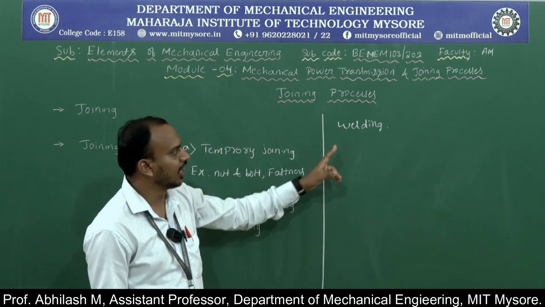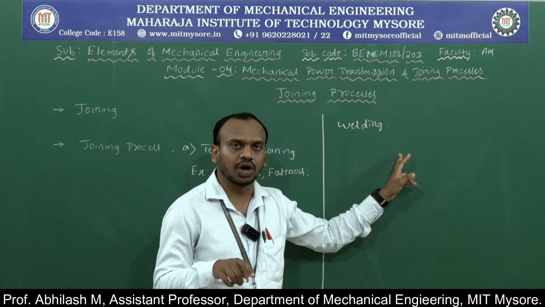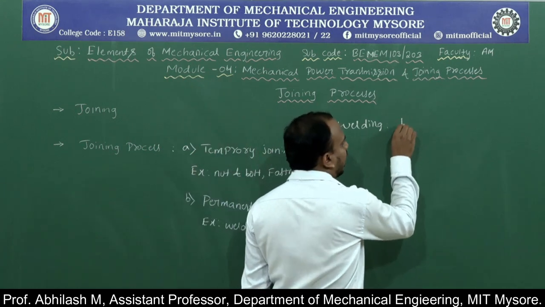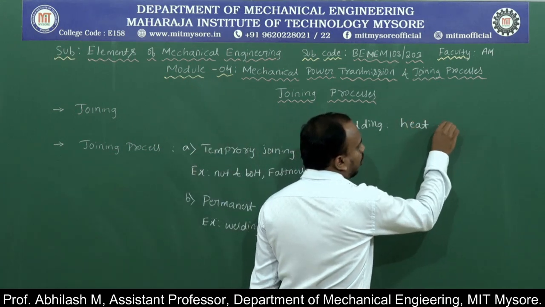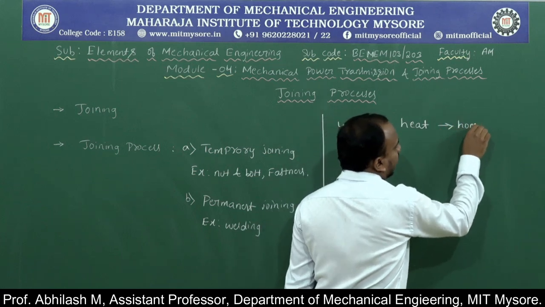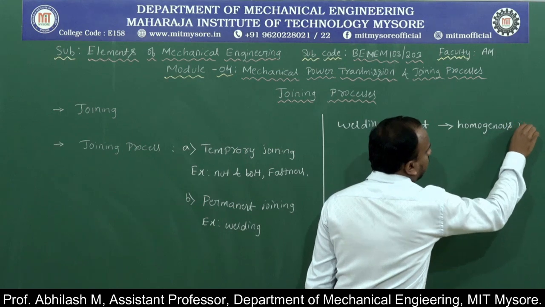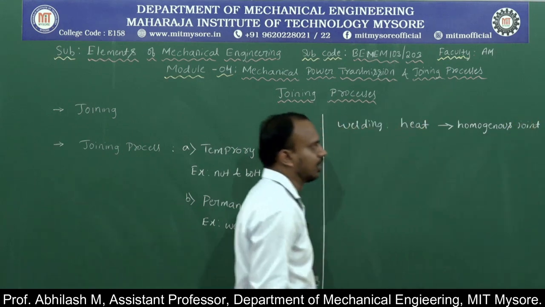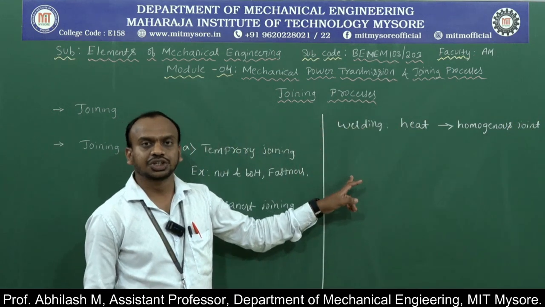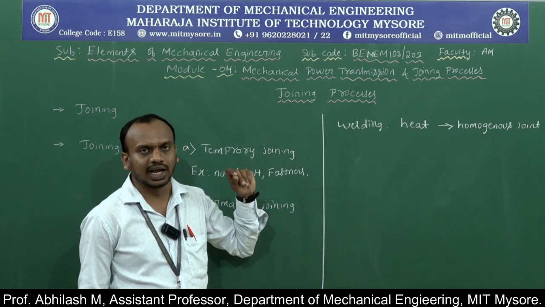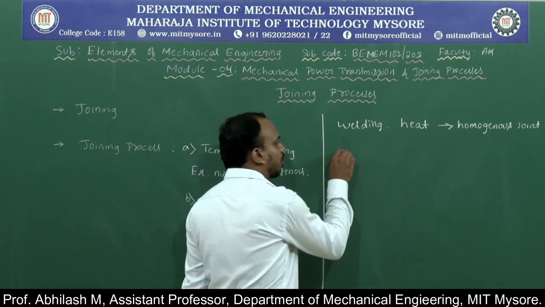So the two different individual components are joined with the help of heat in order to produce a homogeneous joint, or an individual joint. So this is a basic definition with respect to welding. But actually, how do we define welding? It's a metallurgical process.